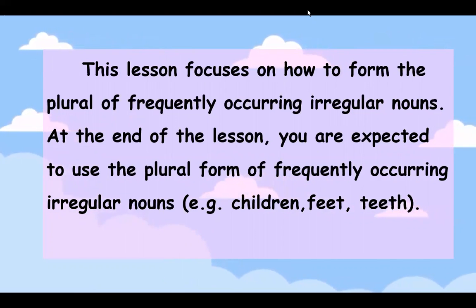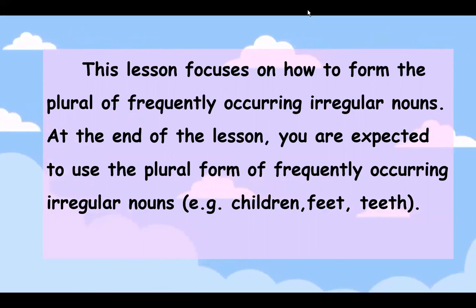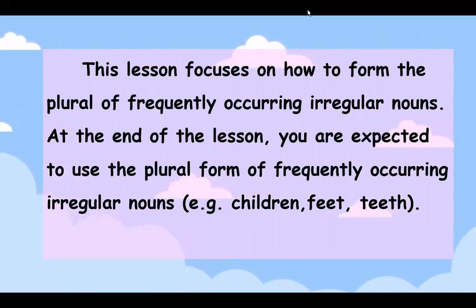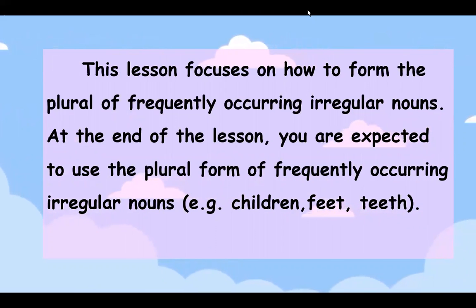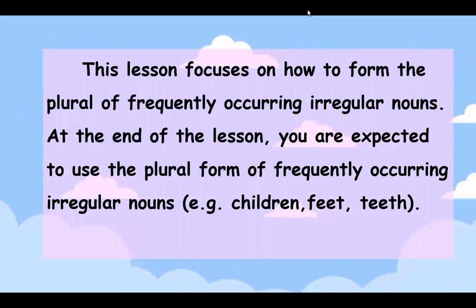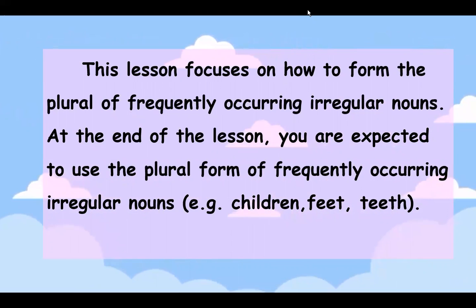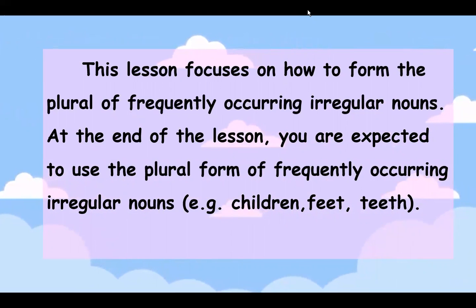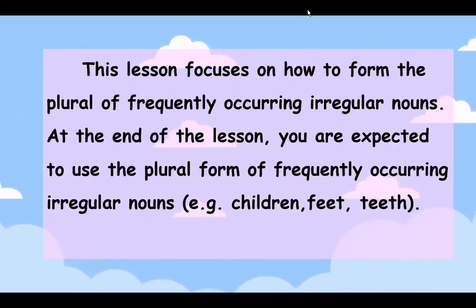However, the irregular noun doesn't form its plural form that way. So we have the example given: children, feet, and teeth. Children is the plural form of child. Feet is the plural form of foot. And teeth is the plural form of tooth.